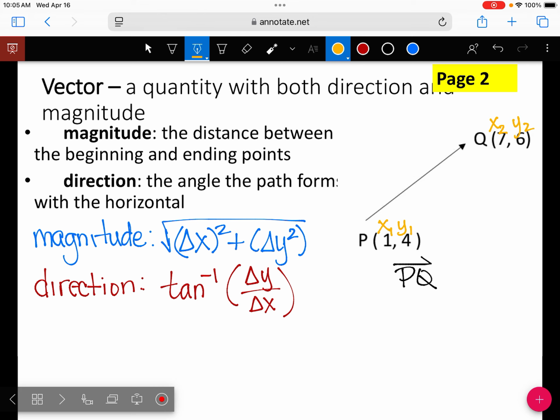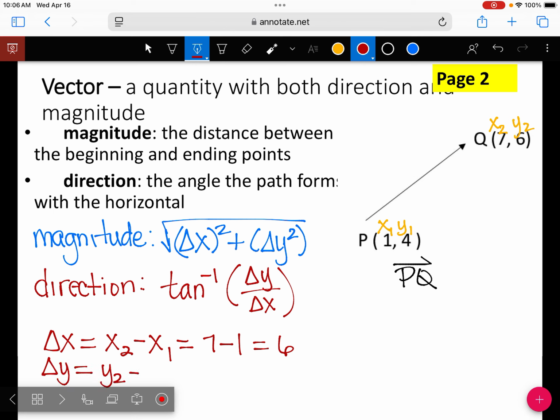To find our delta, first we need to figure out our change in x for both points. So delta x equals x2 minus x1, which would be 7 minus 1, which equals 6. Delta y equals y2 minus y1, which would be 6 minus 4, and that would be 2.